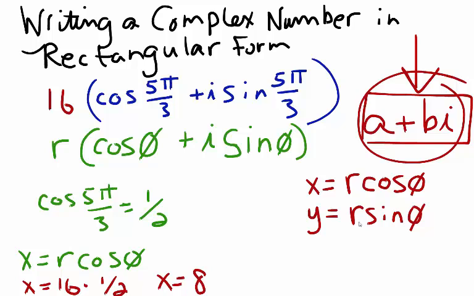Now let's take a look at sine of 5 pi over 3. Sine 5 pi over 3 is equal to negative square root 3 over 2.